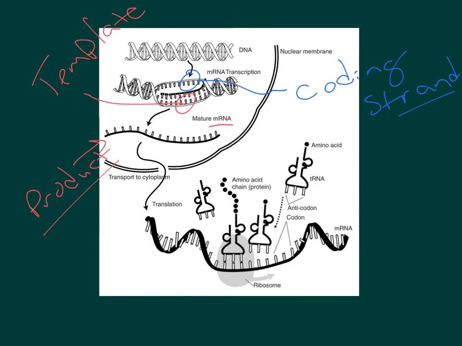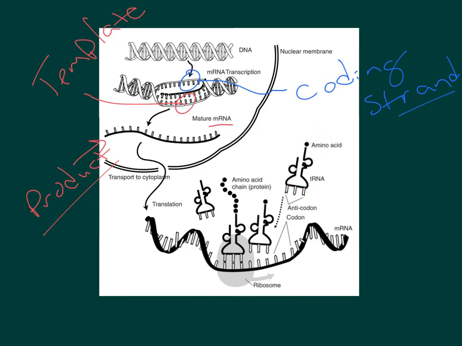This is a degenerate code. There are duplicate tRNAs that carry the same amino acid. For instance, there's 3 or 4 different codes for, let's say, tyrosine or alanine. But as you'll see when we look at the coding again, each individual code, each individual tRNA carries only that amino acid, so it's very specific.